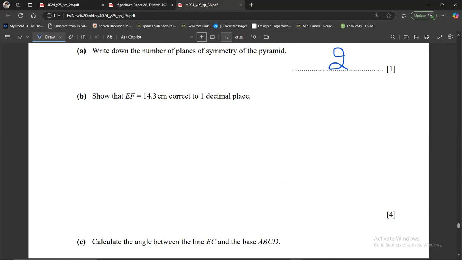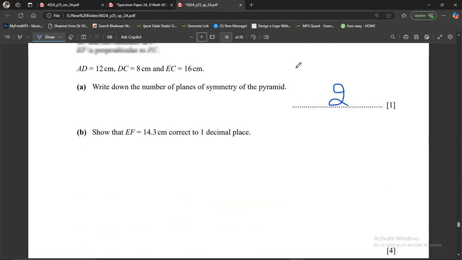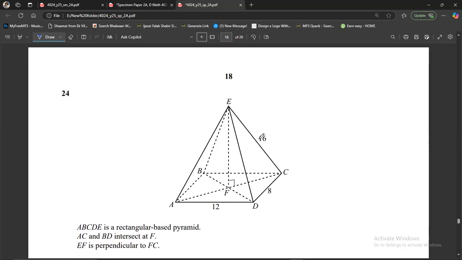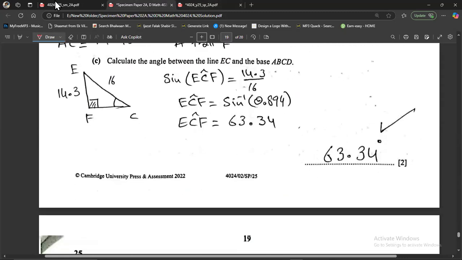Okay, so then what do they want? They want us to calculate the angle between the line EC and the base ABCD. They want me to find out this angle here. Very simple, it's the same right angle triangle. So I'm now going to use the EFC right angle triangle. This is 16, this is 14.3.